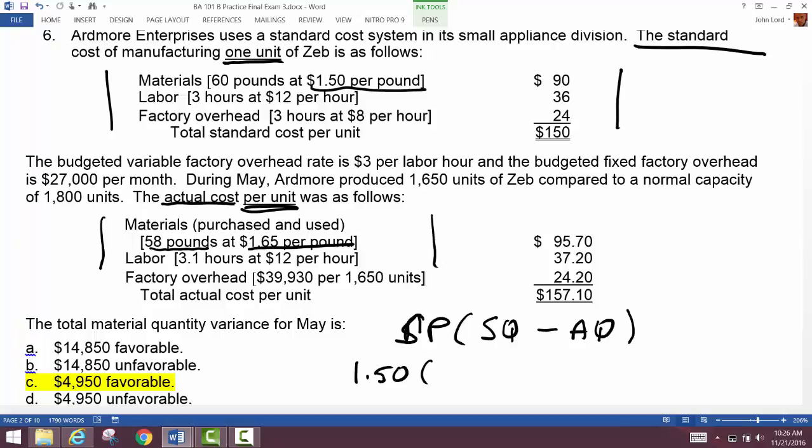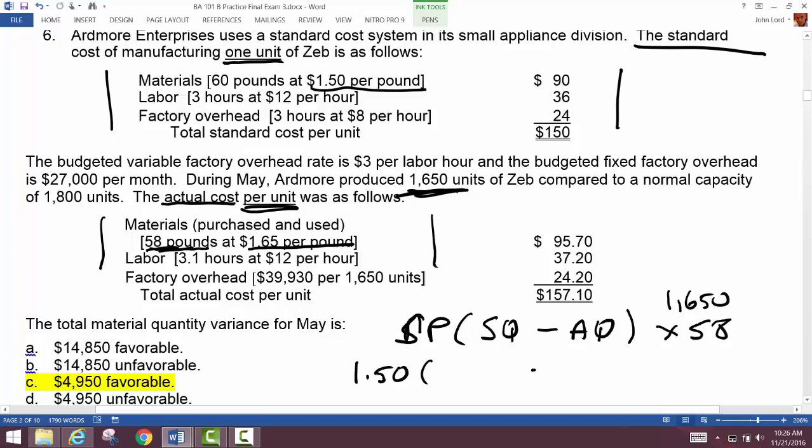So the total is, how many units did they produce? 1650 units. And they used 58 pounds per unit.